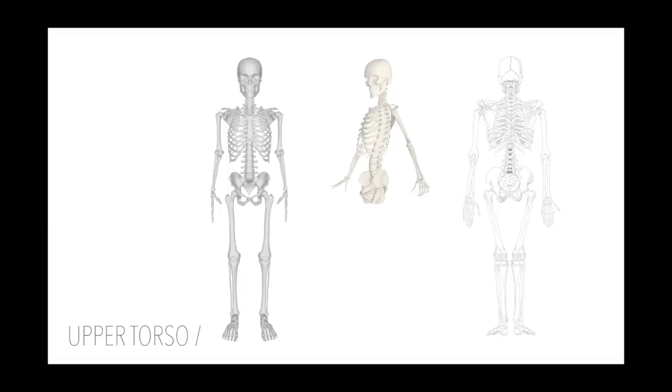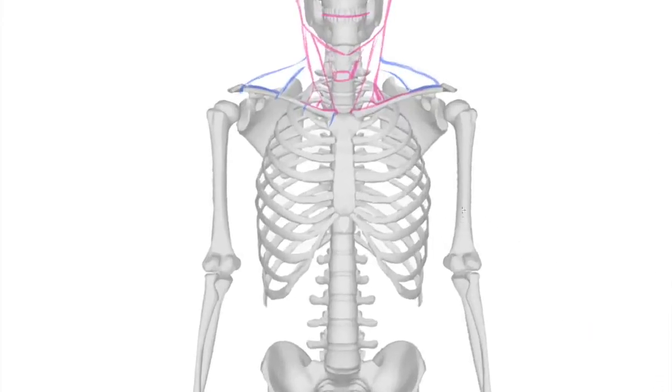Okay. Please take out your pen and paper. Follow along as I draw over this bone structure. First you want to know is the chest muscle.